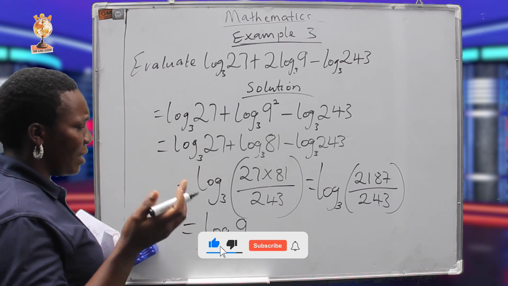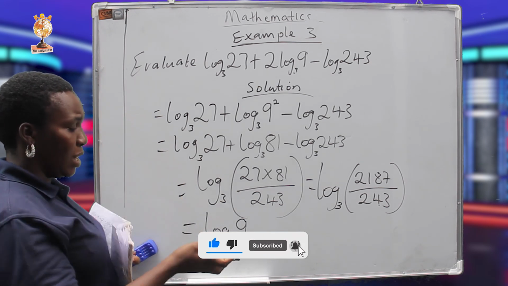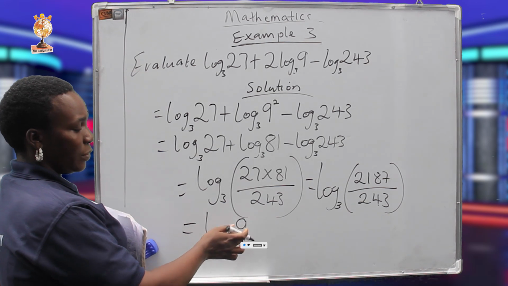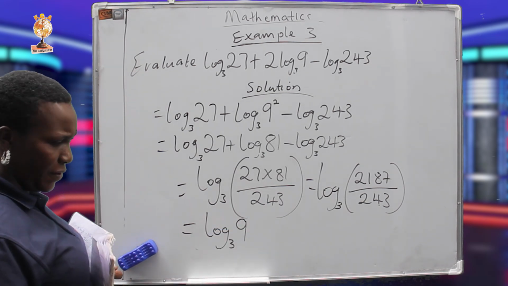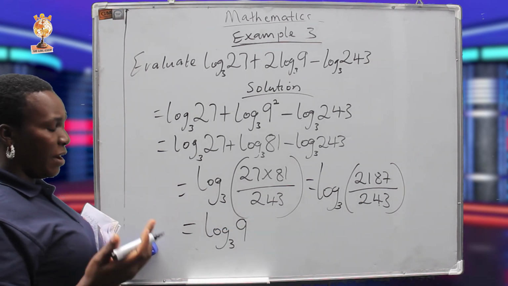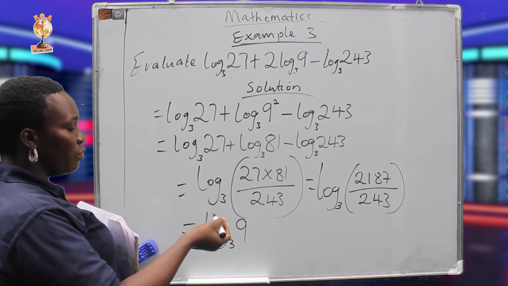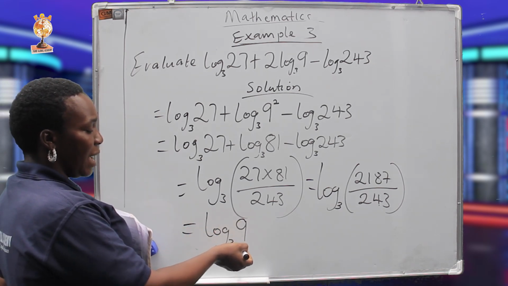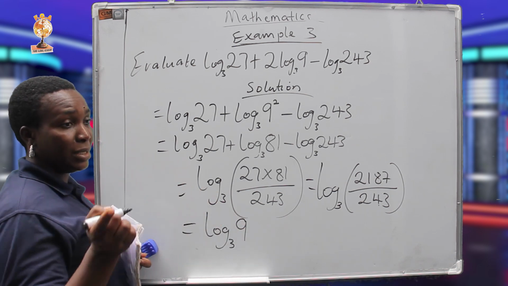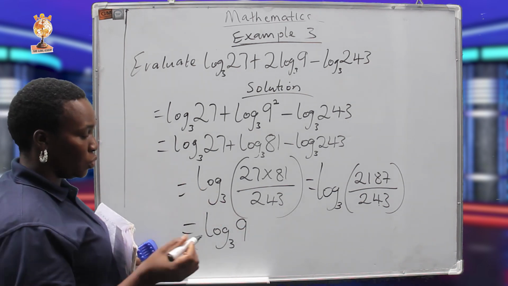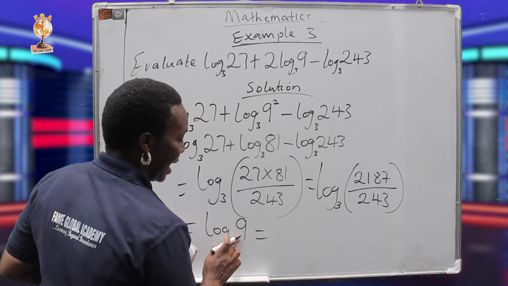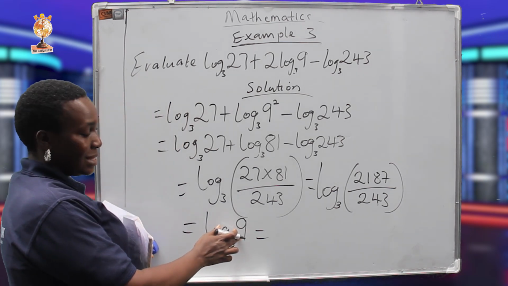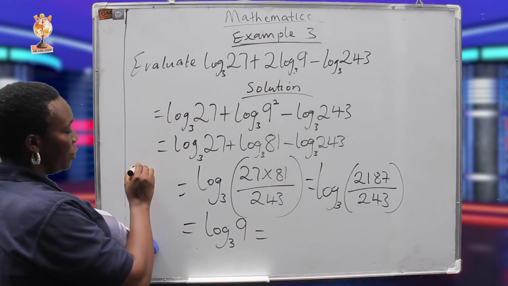Now, just like what I said when we solved example 1, you can't leave this 9 like this because 9 is a perfect square. What number can 3 be raised to, to give us 9? And that number is what? 2. So this 9 is the same thing as, if we are to write it in index form, 3 raised to the power of 2.